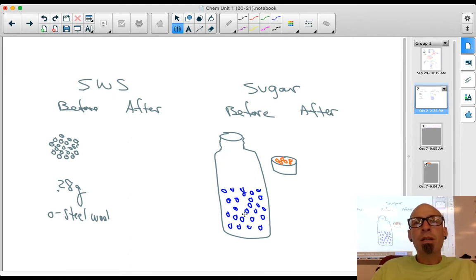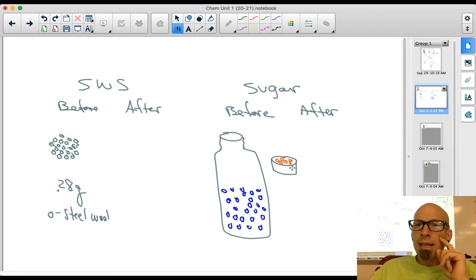The common consensus was that most people, when they were trying to pour the sugar out of the cap and into the vial, lost some sugar. You spilled the sugar. Well, that means in your after sketch, you should show what?